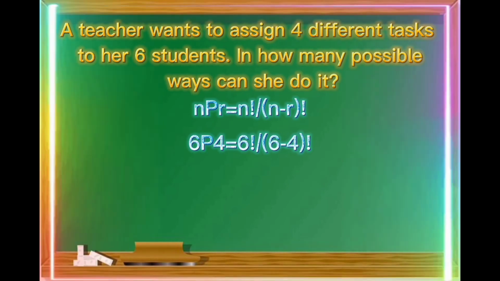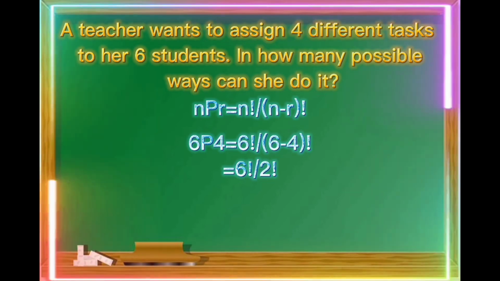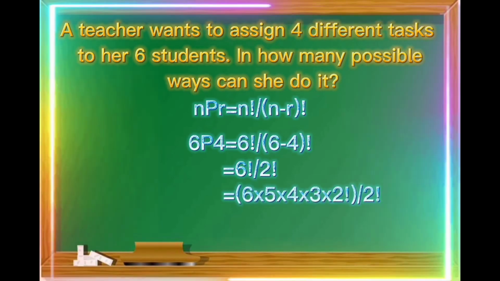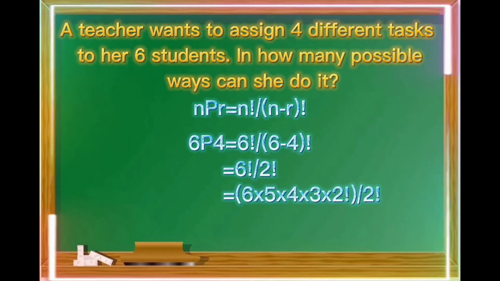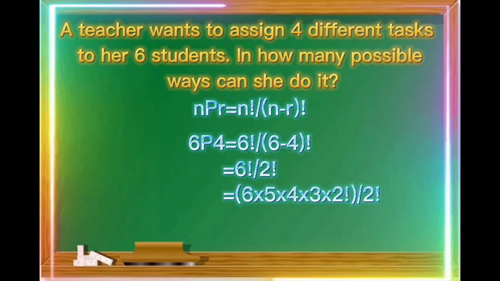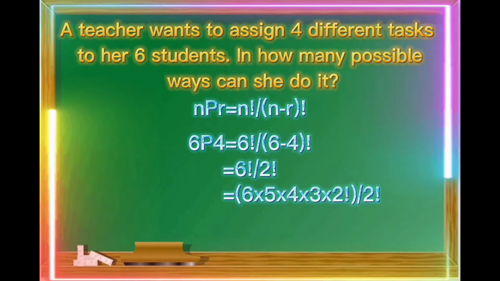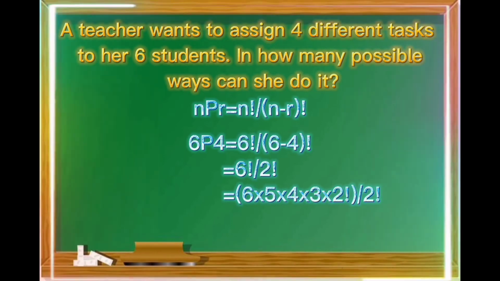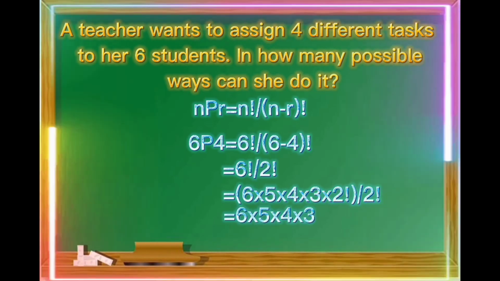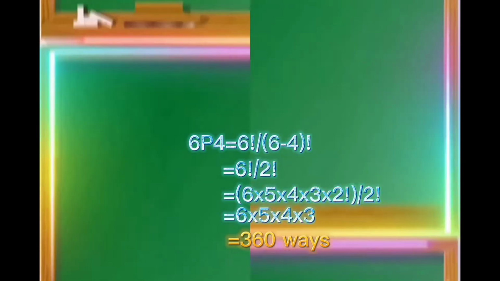Simplify, it will become 6 factorial over 2 factorial. Simplify again, we'll have 6 times 5 times 4 times 3 times 2 factorial over 2 factorial. Then cancel out 2 factorial, the result would be 6 times 5 times 4 times 3, and it is equal to 360 ways.